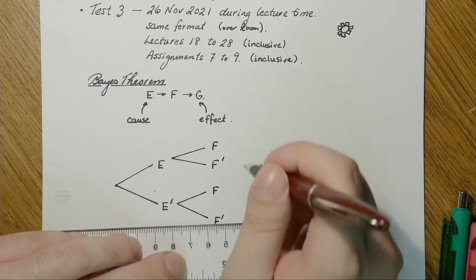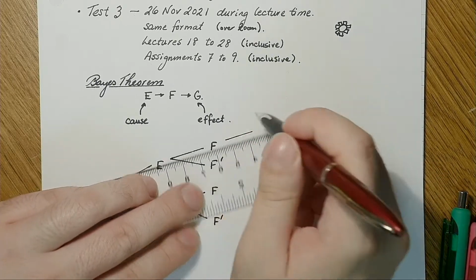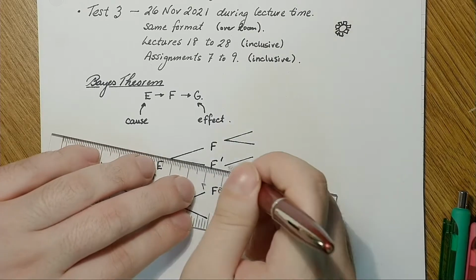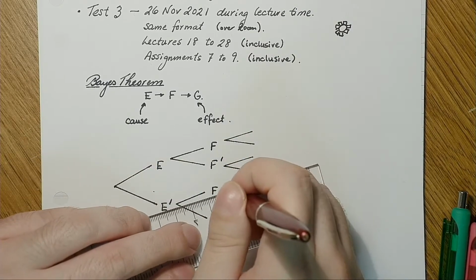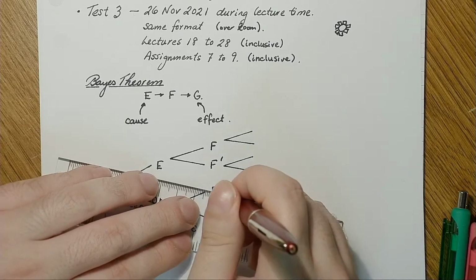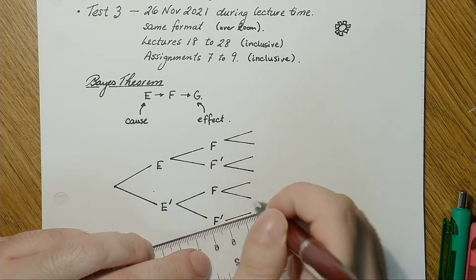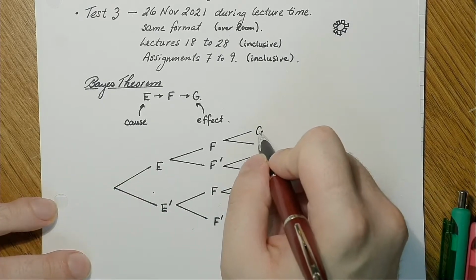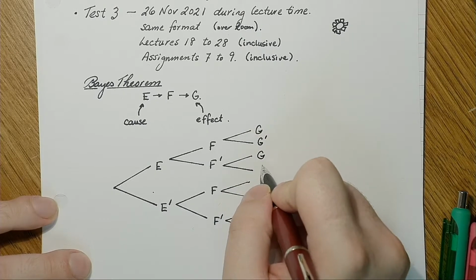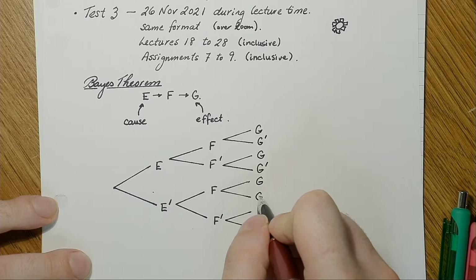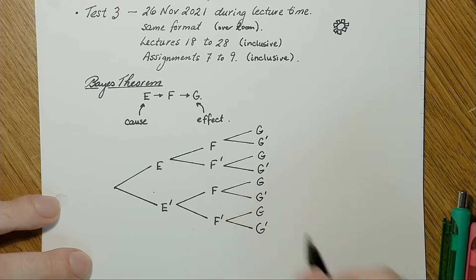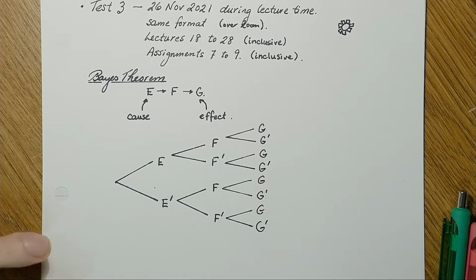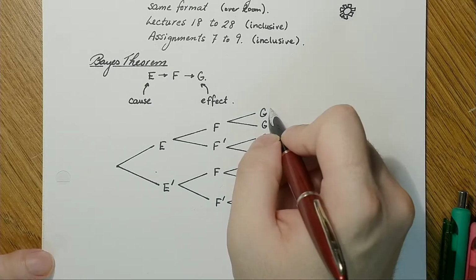And then again, over here, we'll have G. So now what happens is we see, say, effect G.